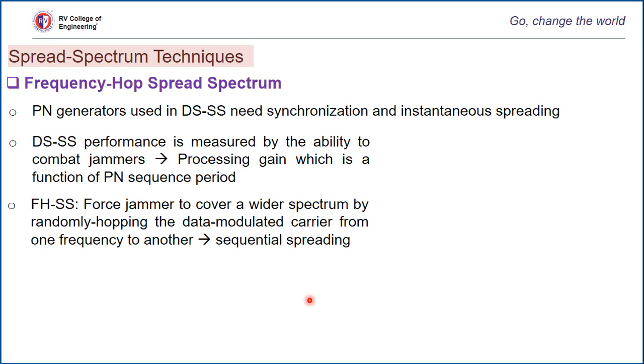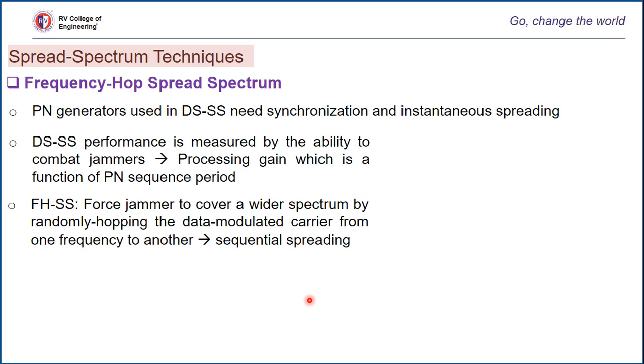The term sequentially refers to the pseudo-random ordered sequence of frequency hops. The type of spread spectrum in which the carrier hops randomly from one frequency to another is called frequency hop spread spectrum. A common modulation format for FH systems is M-ary FSK, frequency shift keying.